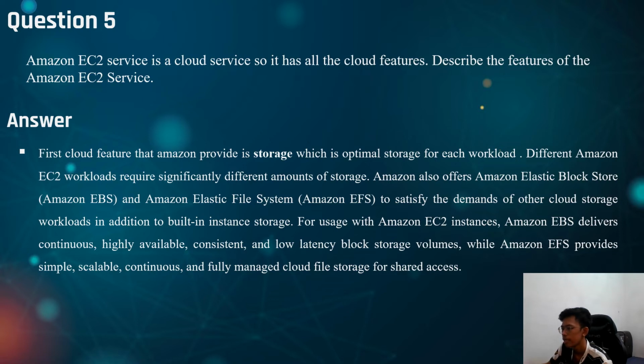For usage with Amazon EC2 instances, Amazon EBS delivers continuous, highly available, consistent, and low latency block storage volumes, while Amazon EFS provides simple, scalable, continuous, and fully managed cloud file storage for shared access.